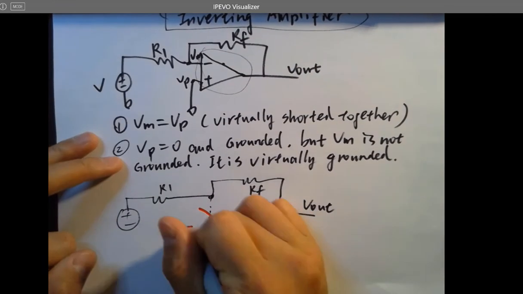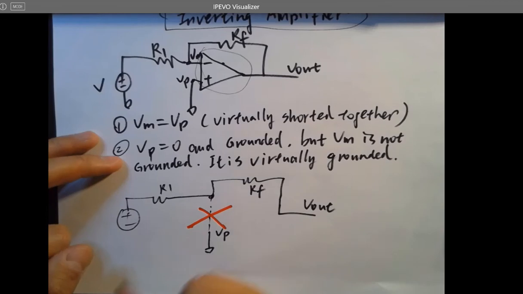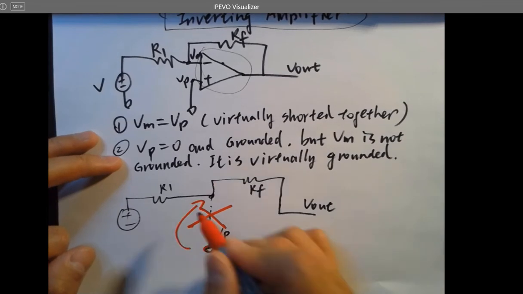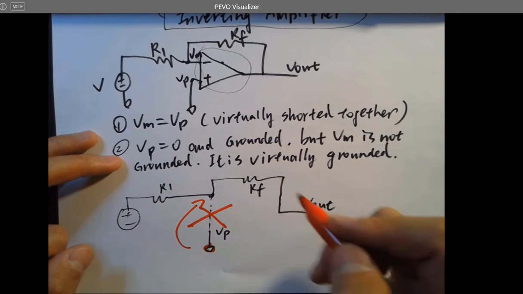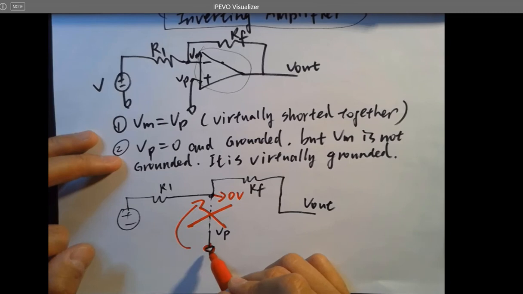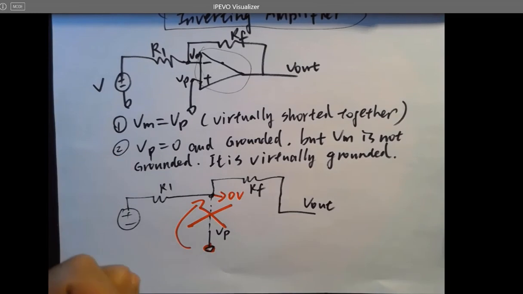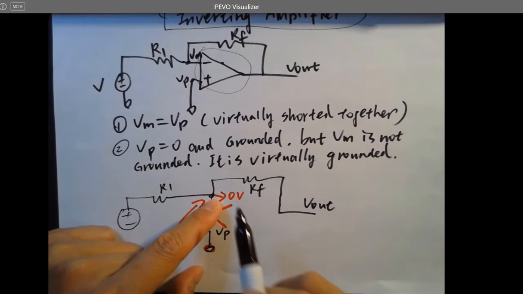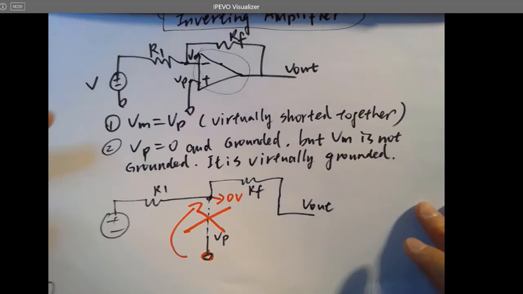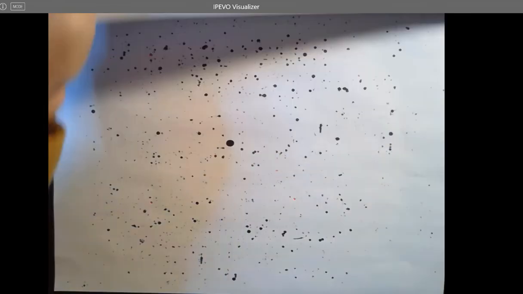No, keep in mind, it's not grounded. They are virtually grounded. It's only sending this voltage to here. So when you are doing the calculation, you can treat this as 0 volts as if it is grounded. But they are not shorted, which is very important. It's just 0 volts, but it's not grounded, which can be confusing, but I recommend you remember it for now.